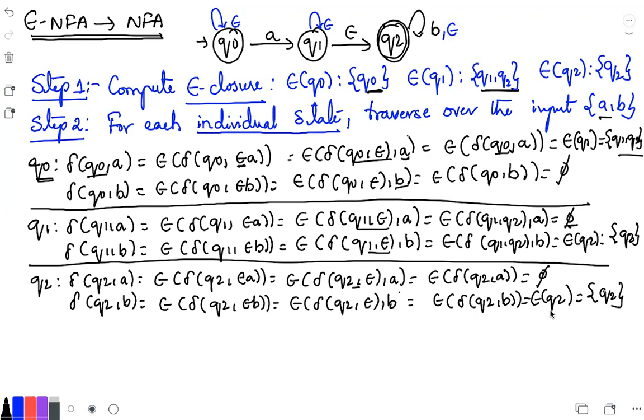Okay, done. So for each state, I have traversed over the possible inputs. Now you need to construct the NFA. That's it. What are the states? Same states, right? So Q0, Q1, Q2. Nothing has changed. Now Q0 on A, Q1, Q2.